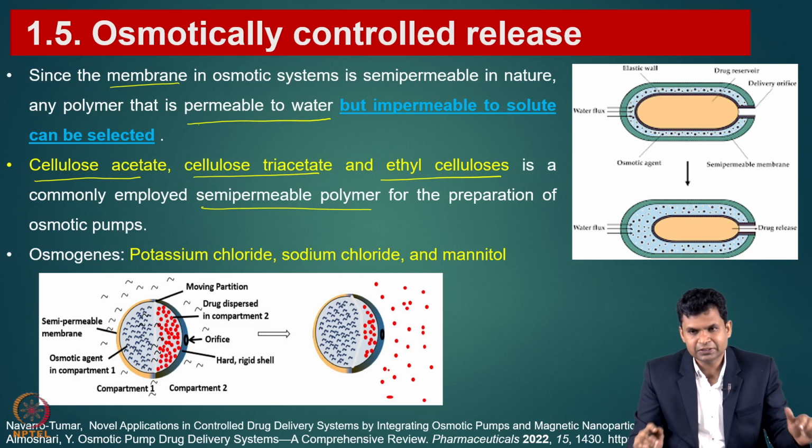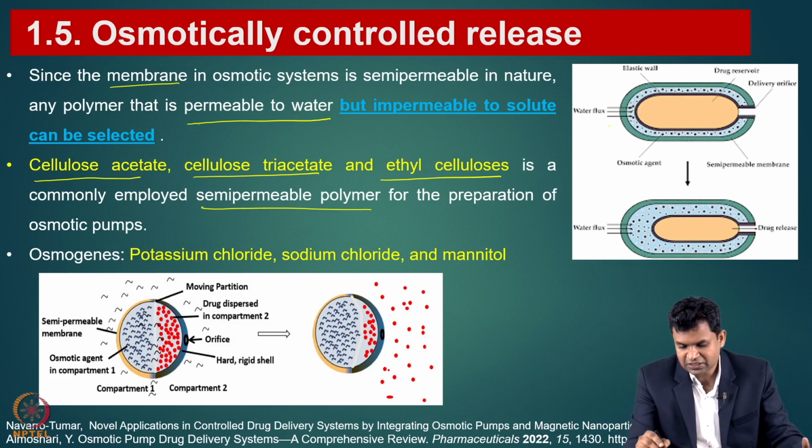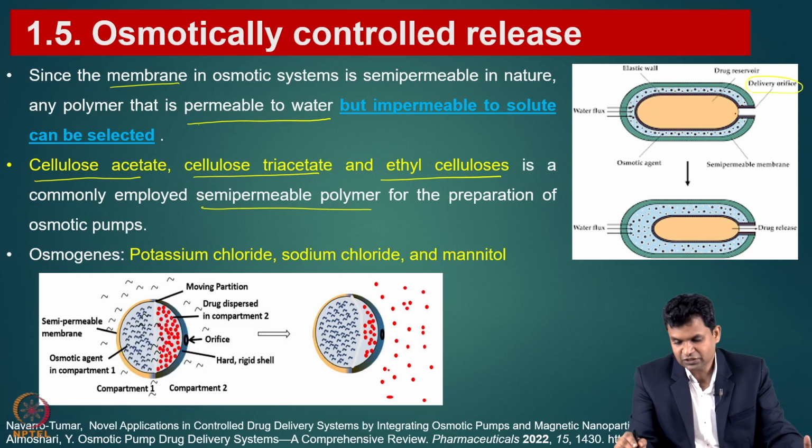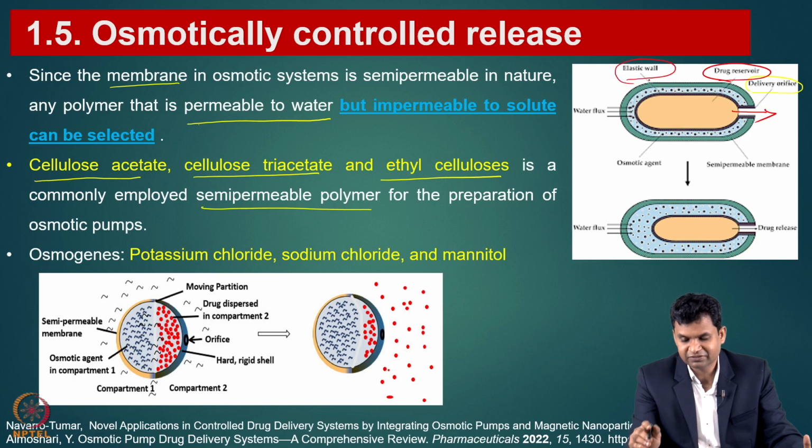Now, here you can see the picture representation. This is the osmotic delivery system. Here you can see the orifice. From this your drug will release to the physiological medium, and here is the drug reservoir. Here we will load the drug, and this is the elastic wall that is flexible, and here we add the osmotic agent.